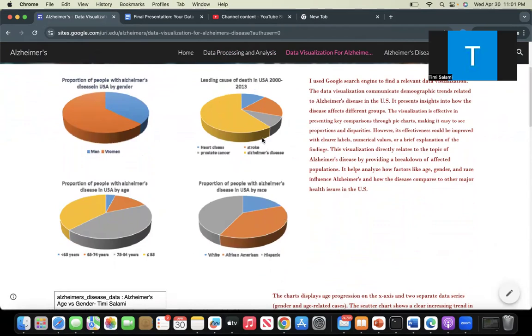And Alzheimer's disease was the leading disease in early 2000 to 2013.